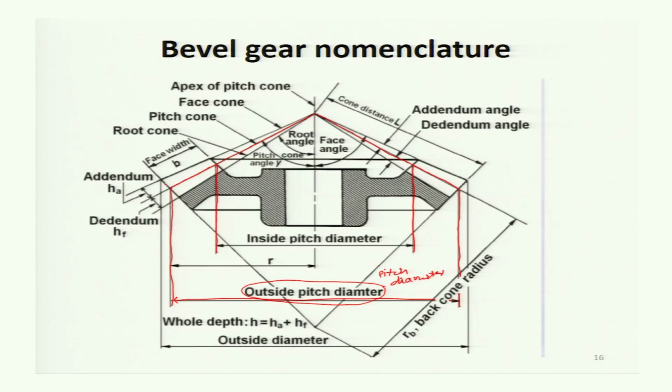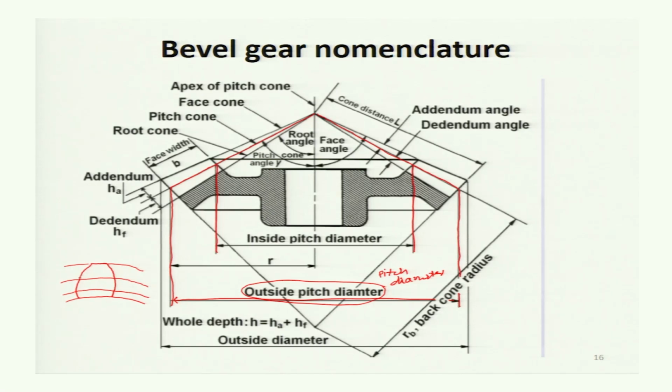Now, when we see from the big end, the gear will just look like a spur gear, like this. It will have this outer diameter, pitch diameter, base circle, and dedendum circle. All circles will be there, very much similar to the spur gear and the helical gear.